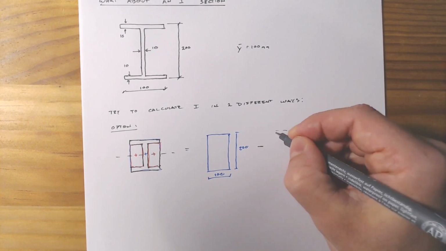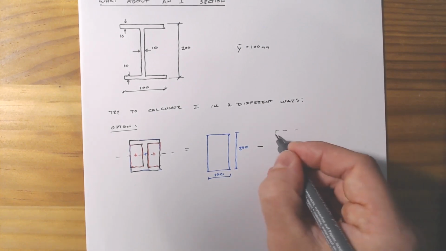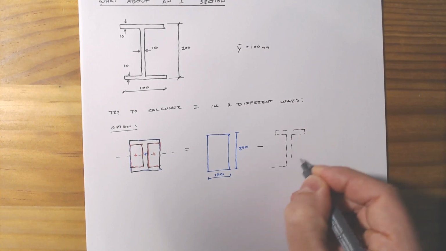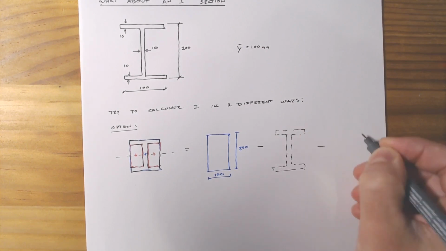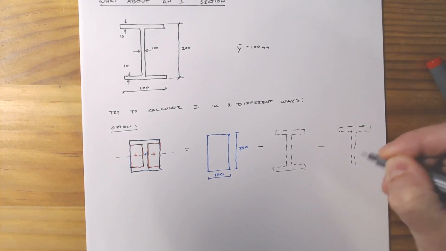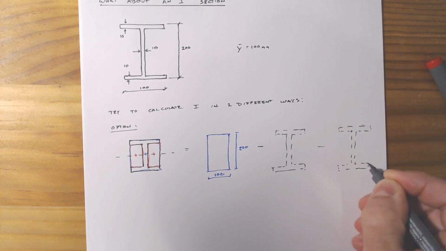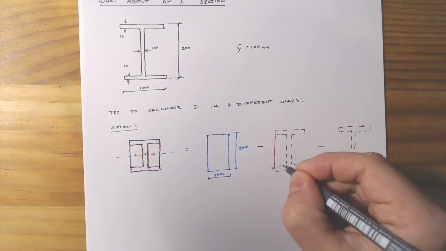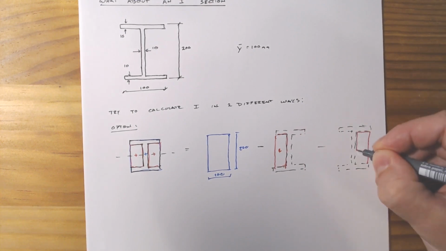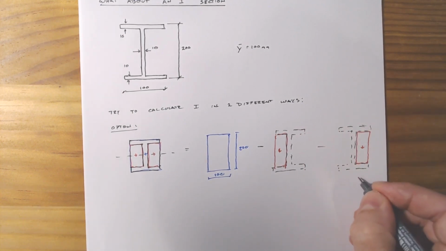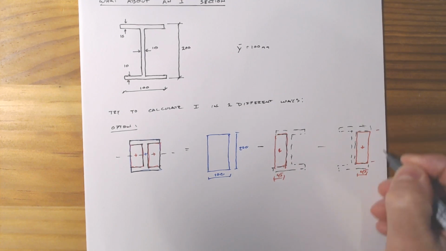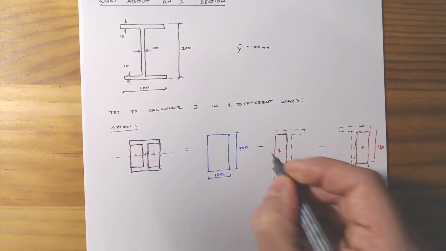So if we draw our cross section here, it'll subtract out a void from the left-hand side and a void from the right-hand side, and both of those are going to be 45 millimeters wide and 180 tall.